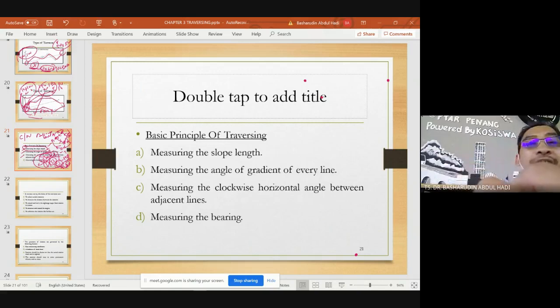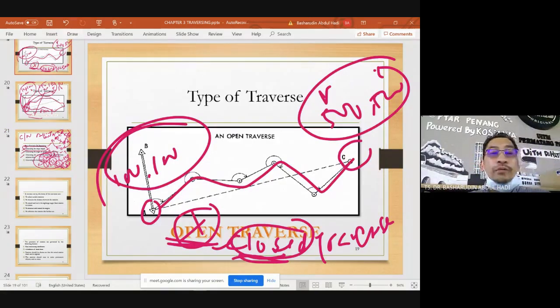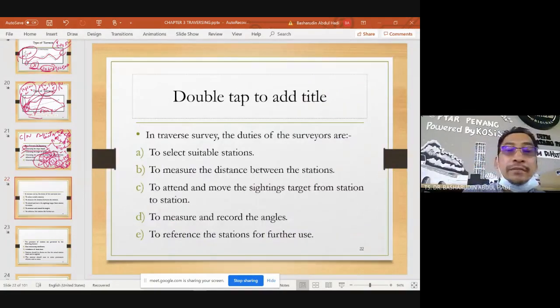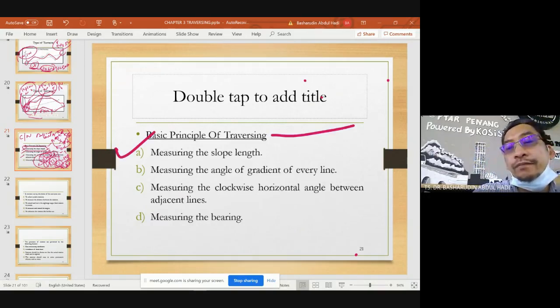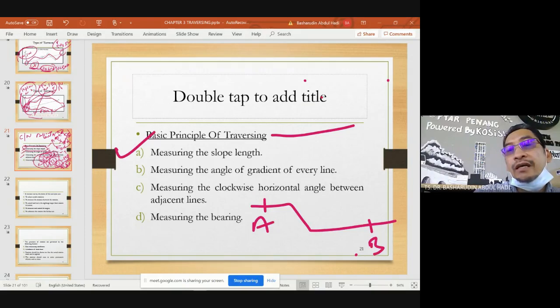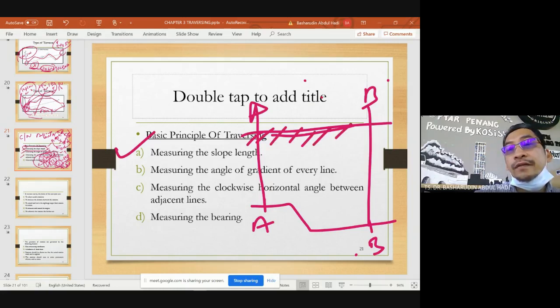We are on the same topic about the basic principle. If this one is flat and this one is slope, this one is your point A, this one is your point B.